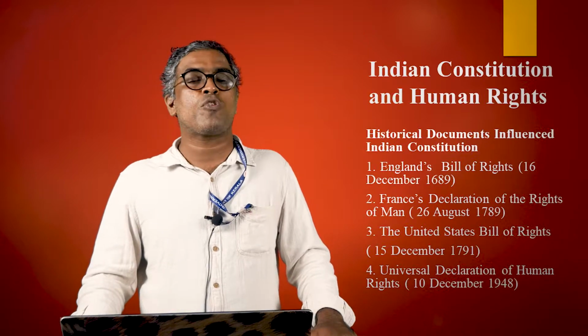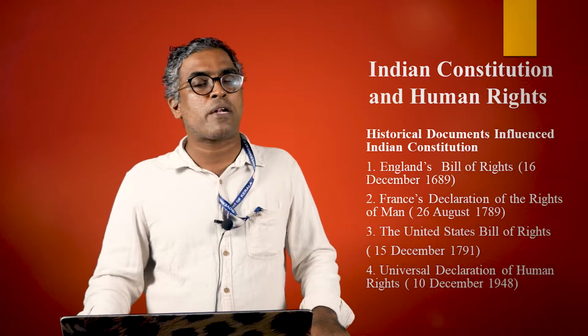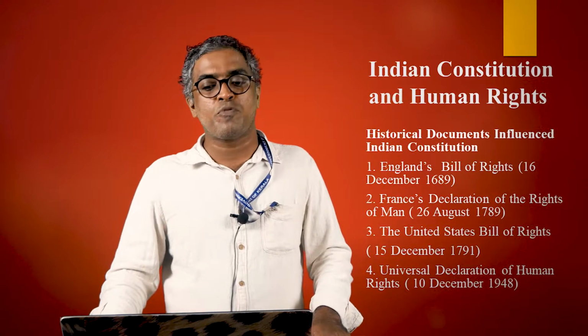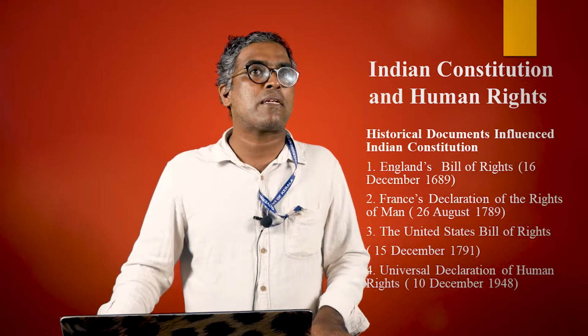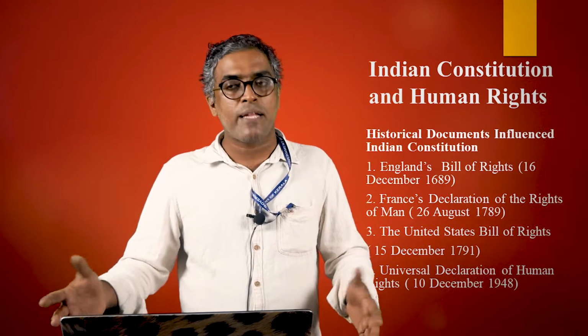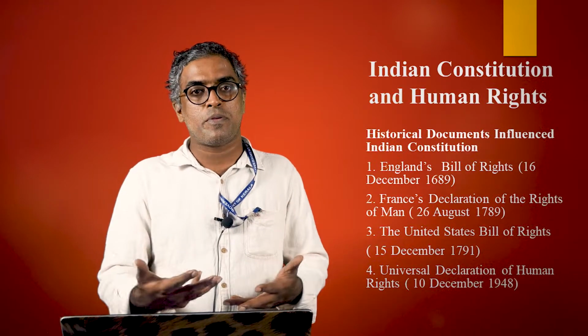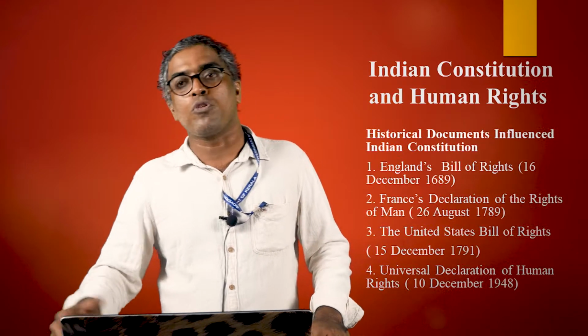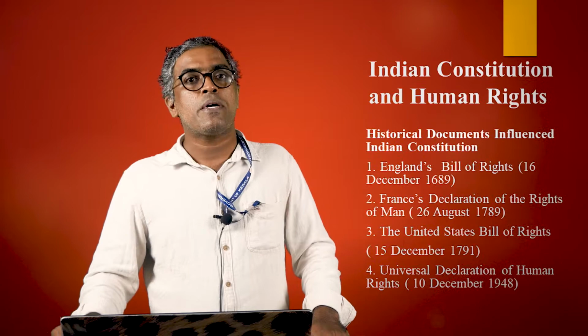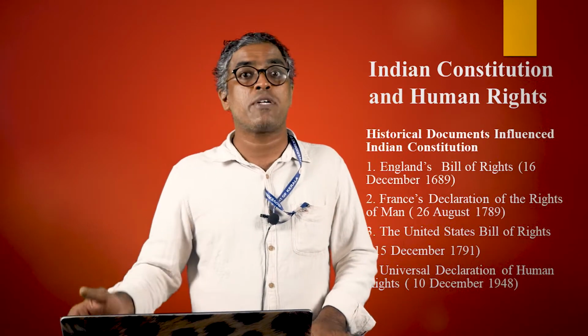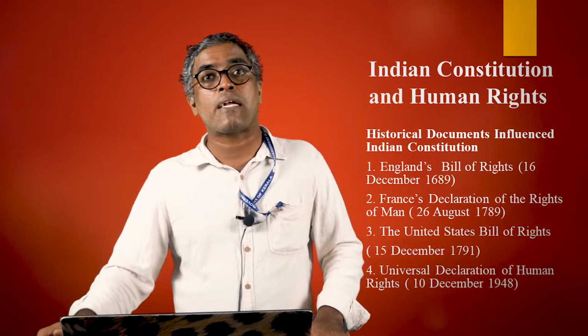Another major historical document which influenced the creation of fundamental rights in the Indian Constitution is the United States Bill of Rights, which was passed on 15 December 1791. Again, there is a connection between post-colonial America and France, so the French Revolution also influenced the formation of the United States Bill of Rights.